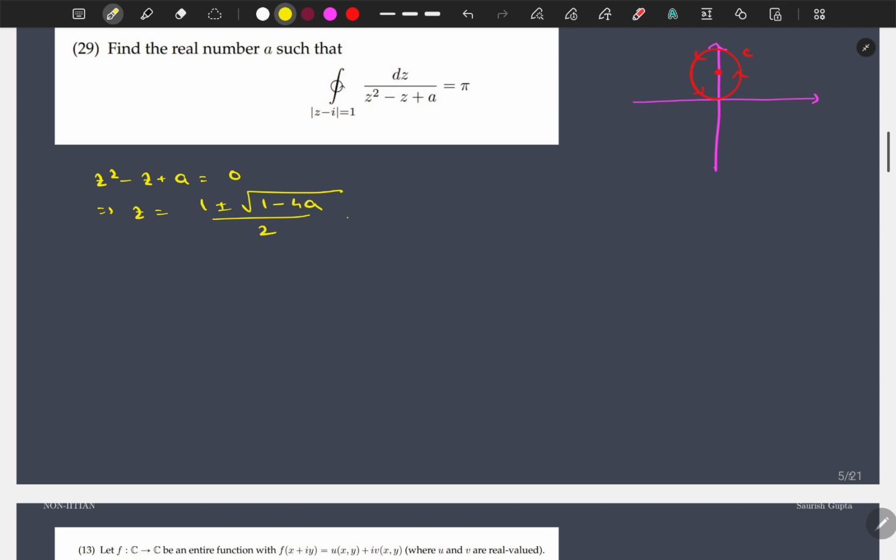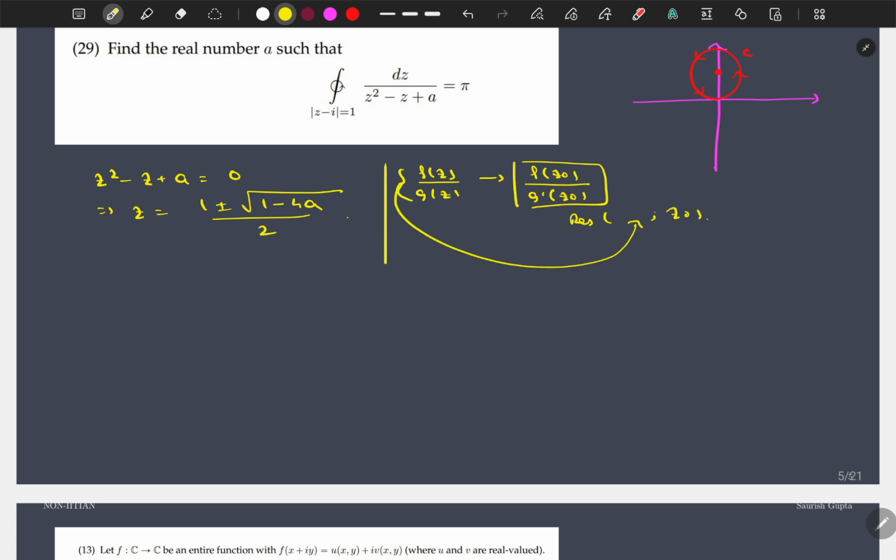There is one way to find the residue at some particular singularity for a rational function. If you have a function of the form f(z) over g(z), and you have a singularity at, let's say, z0, one way of finding the residue is f at z0 divided by g prime at z0.